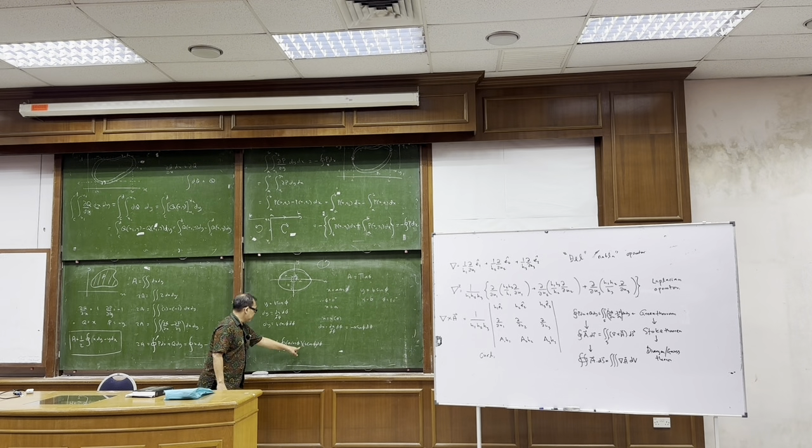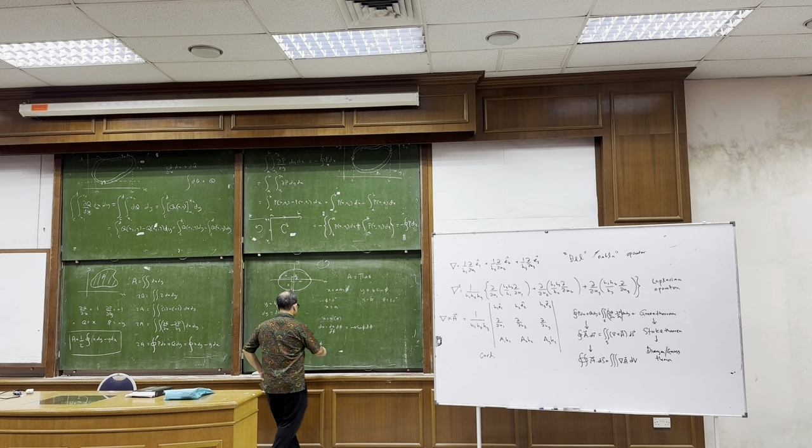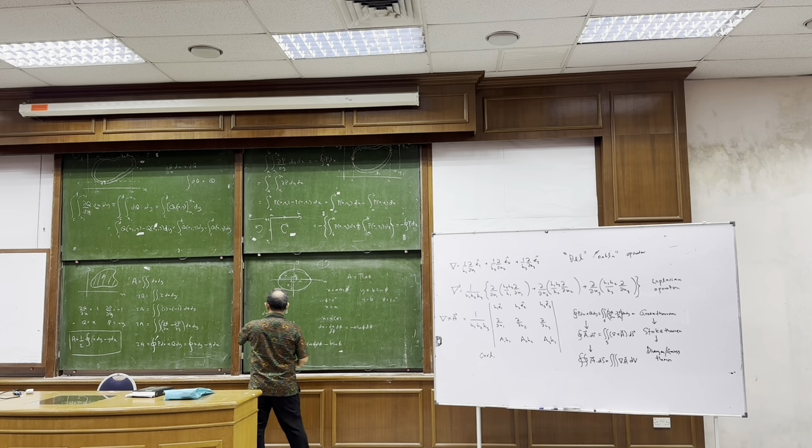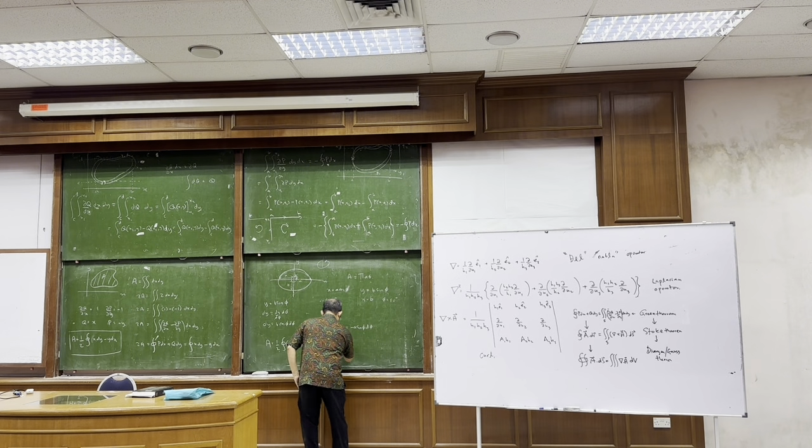Then minus y, which is b sine phi, multiplied by dx, which is negative a sine phi d phi. See, it comes out beautifully.